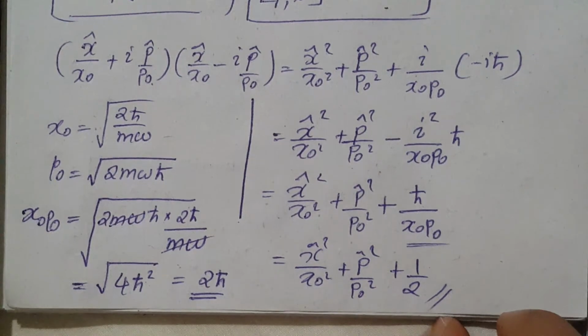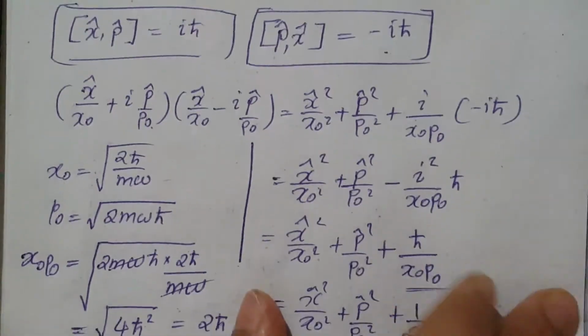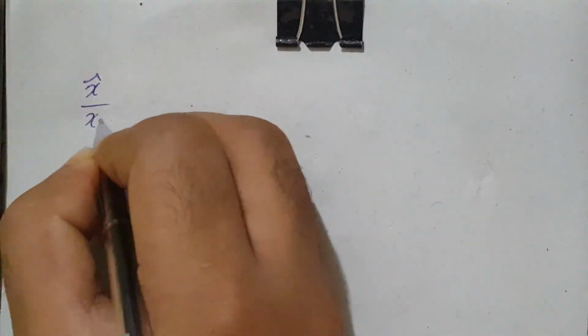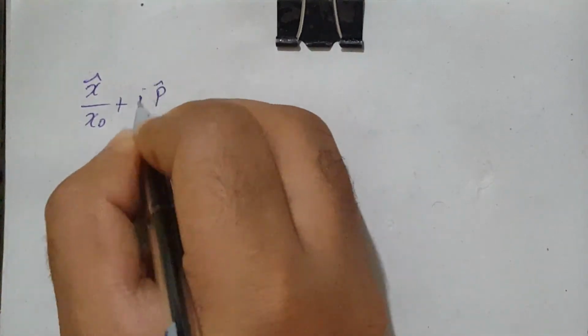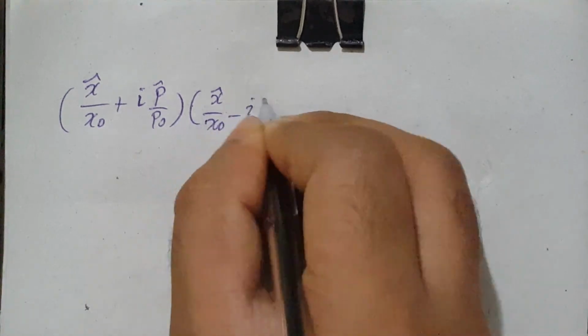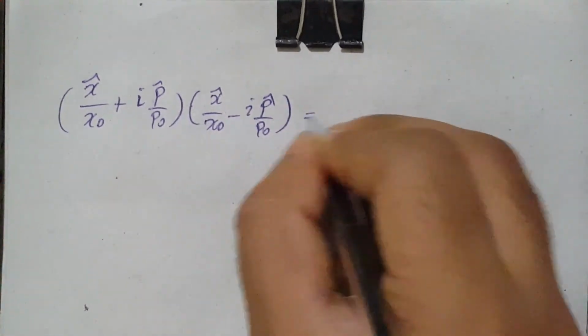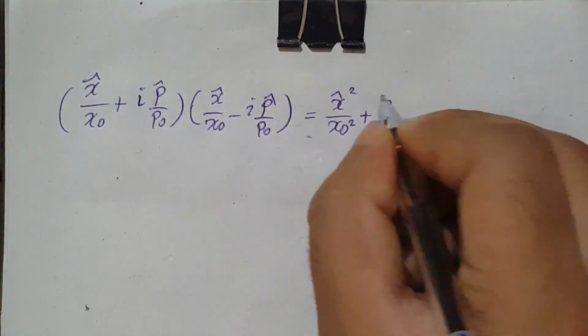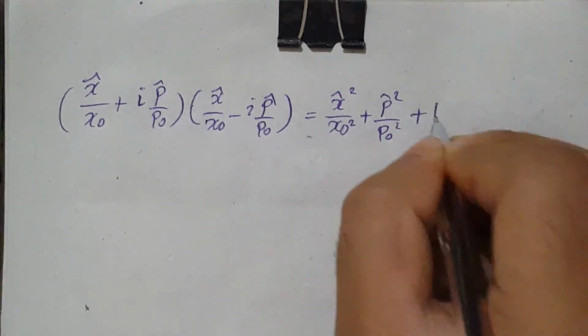Okay, so we have finally got what we were looking for: x cap by x naught plus i p cap by p naught times x cap by x naught minus i p cap by p naught is x cap squared by x naught squared plus p cap squared by p naught squared plus half.